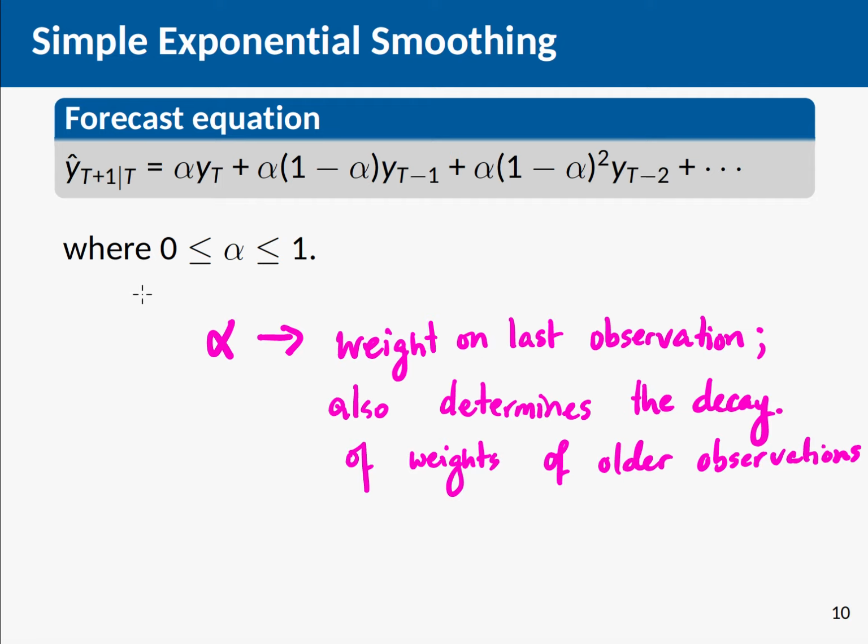Alpha strictly lies in the 0-1 interval, as you can see here, and you can think about forecasting one period ahead as a weighted average of all of the different observations in the past, with the highest weight given to the last observation, and then there is a decay. While this is an exponential decay, it is somewhat like a geometric series.